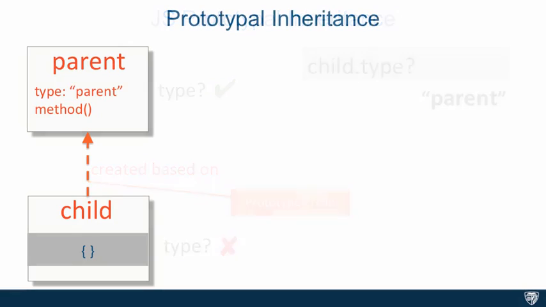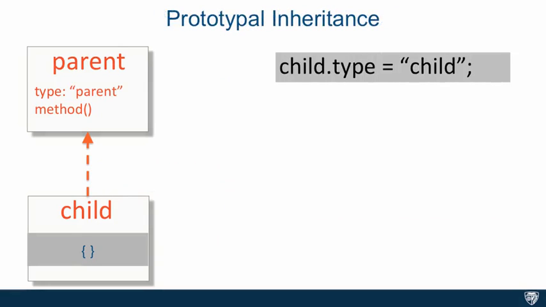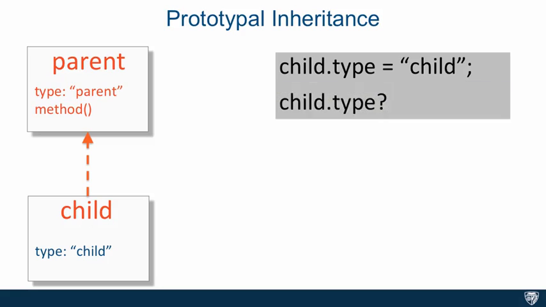However, what will happen if instead of evaluating child.type expression, we set a type property on the child object? What will happen is that the child object will no longer be empty. It will actually have a property called type that will evaluate to the string child. What will then happen if you try to evaluate child.type in this case?